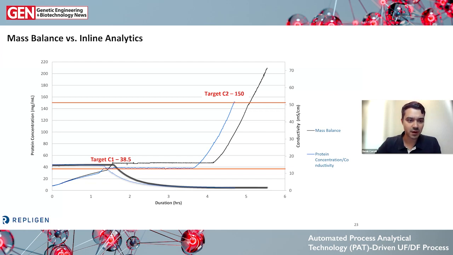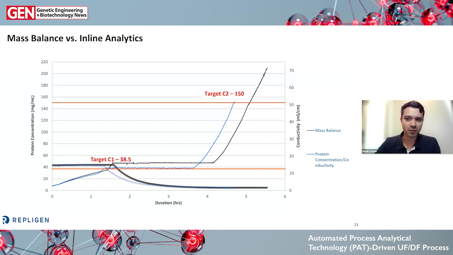You can see on the left axis for protein concentration, the inline analytics very closely meets the target, and it maintains it throughout the diafiltration stage, where the mass balance overshot it slightly, still maintained it well during diafiltration, and then again over-concentrated near the end. The inline analytics is allowing you to not have to do any secondary processing.